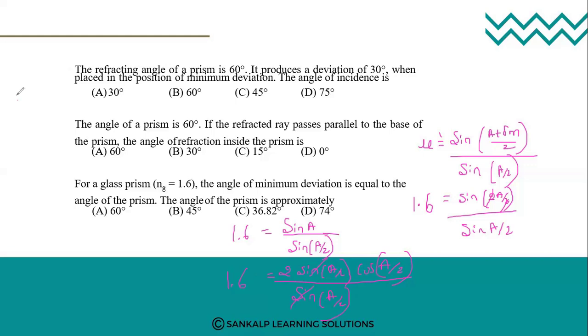Next what we can do here, students? We have 1.6 is equal to 2 cos of A divided by 2. So this 2 we can transfer to the denominator and we will have cos of A by 2.